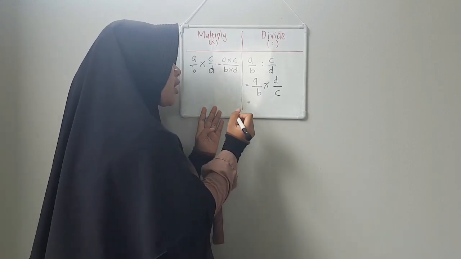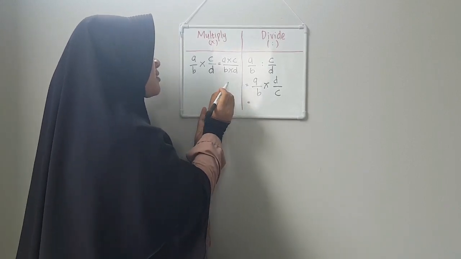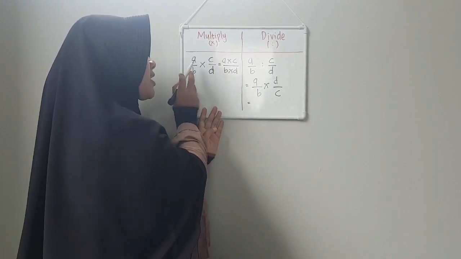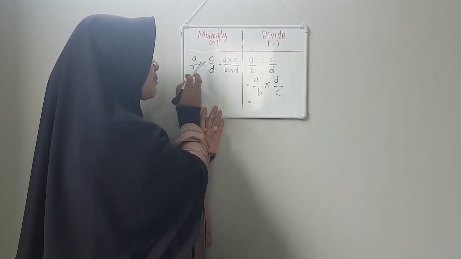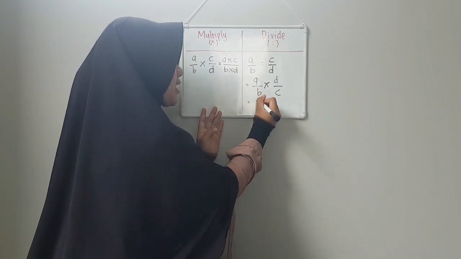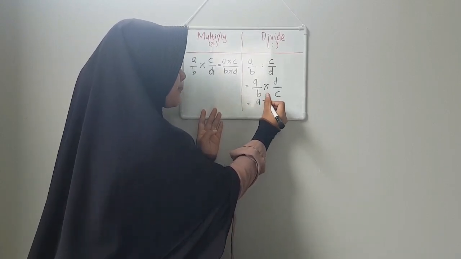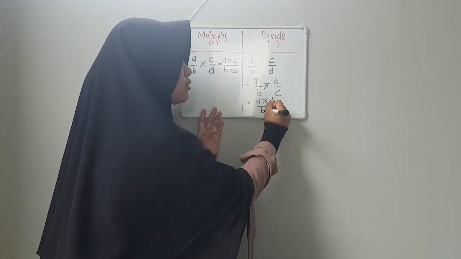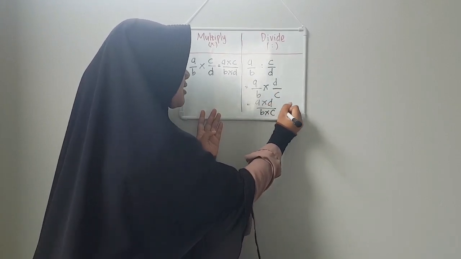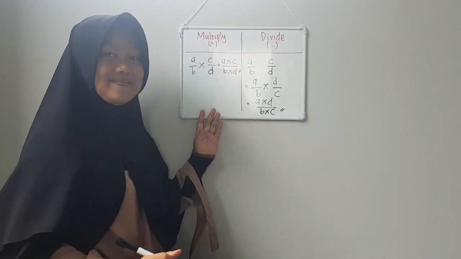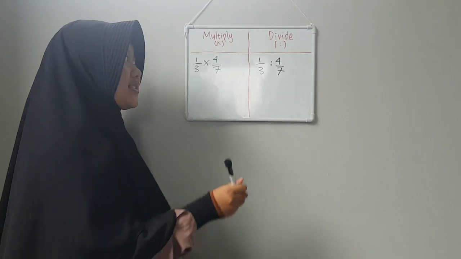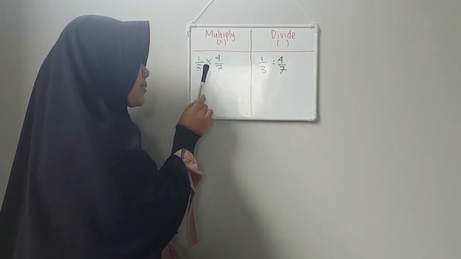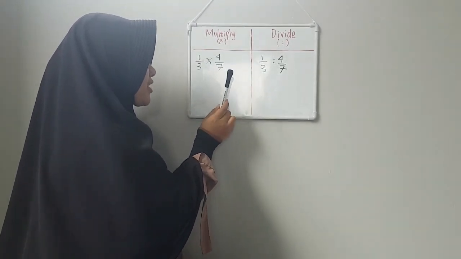So the steps to solve this problem are the same: A multiplied by C over B multiplied by D, like this, and for division, A multiplied by D over B multiplied by C. So this is the example: 1 over 3 multiplied by 4 over 7.